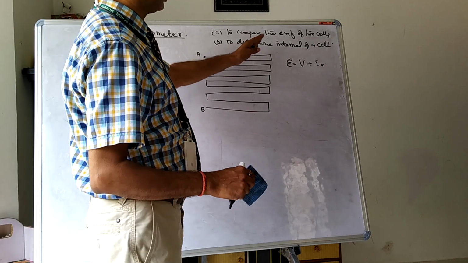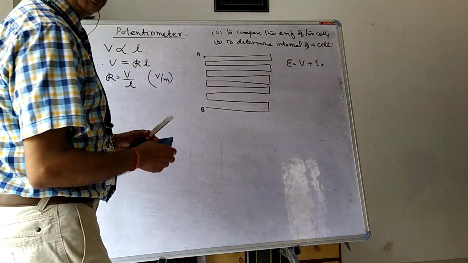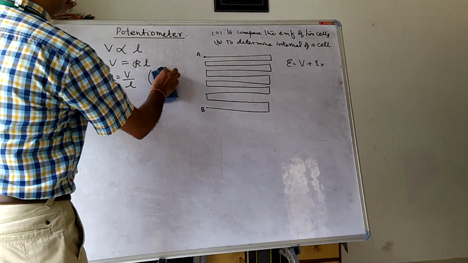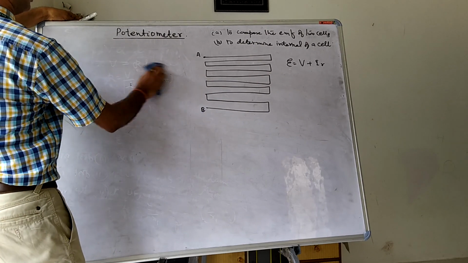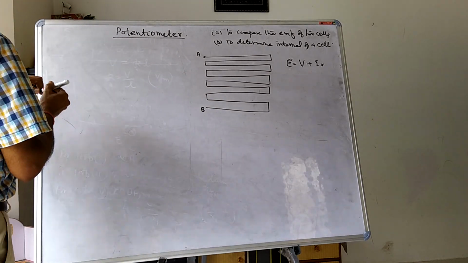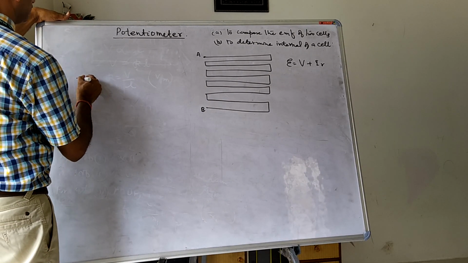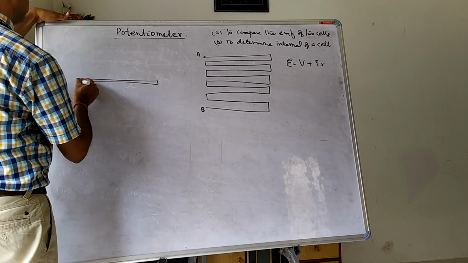Let's understand how to compare the EMF of two cells. As we know, the potentiometer will have 10 wires.